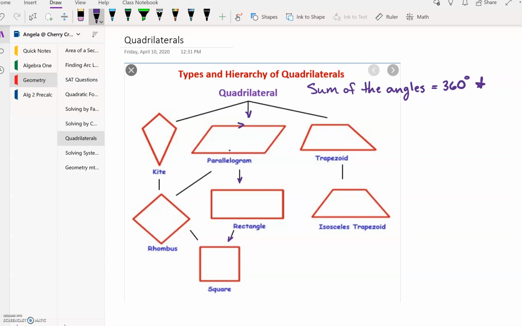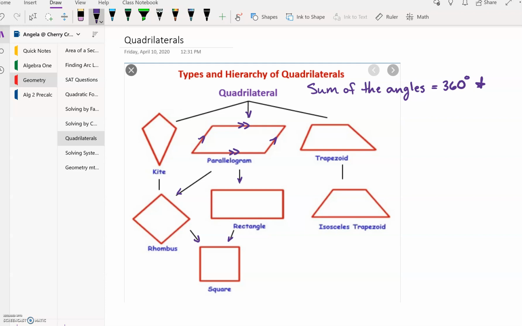Okay, so parallelograms are called parallelograms because opposite sides are parallel. That is going to be true for rectangles, squares, and also down this line for your rhombus. Each of these down the flow chart have the same properties of one another, and everything below it has the properties of parallelograms.